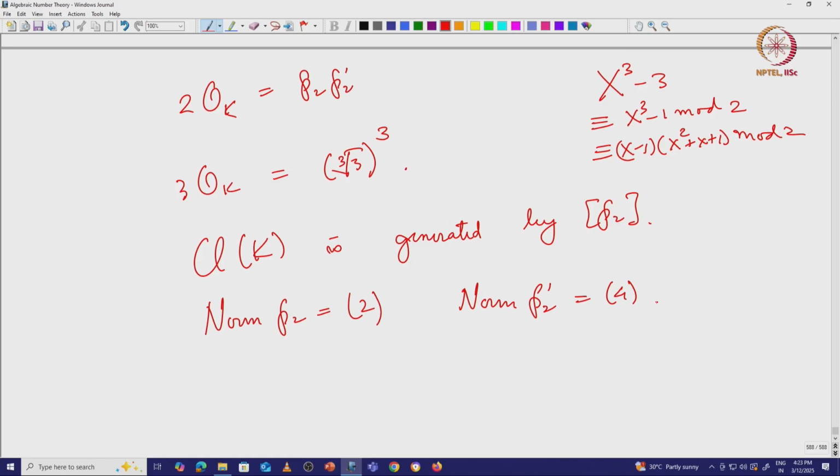So, we want to know whether any of these are principal. If one of them is principal, the other one will be principal as well. And so, what I am going to say is, you consider alpha equal to minus 1 plus cube root of 3. So, what is the norm of alpha?